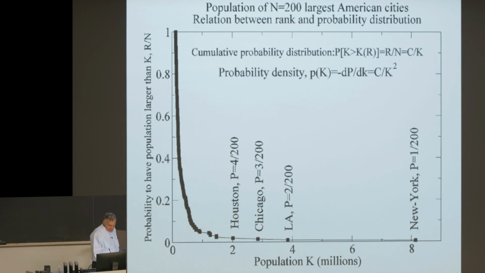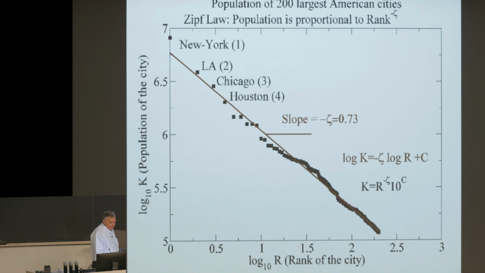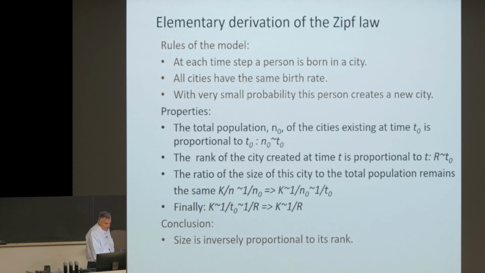So of course, you have again a hyperbolic plot, and if you plot any of these graphs on a logarithmic scale, you will see an approximately straight line with an exponent, the Zipf exponent zeta, which is usually very close to 1.